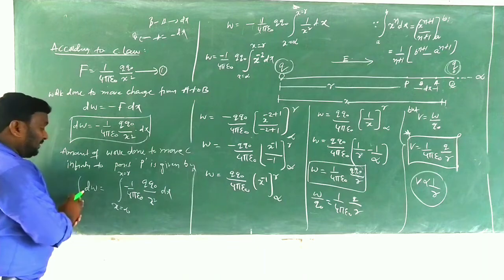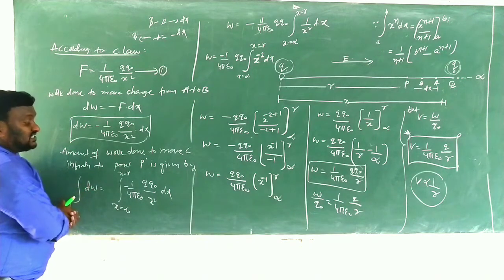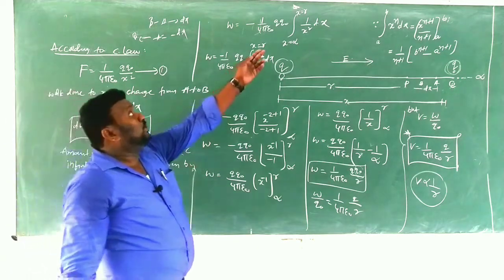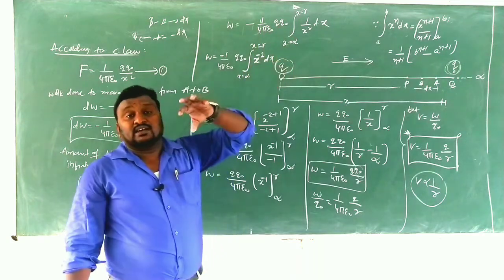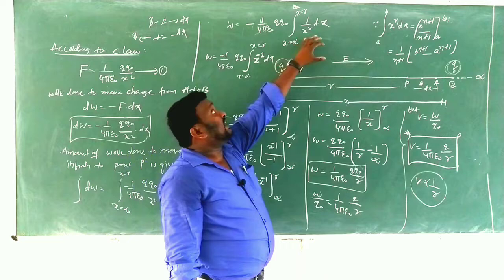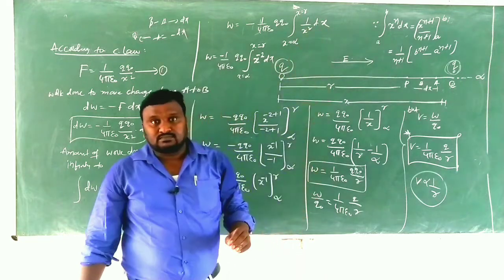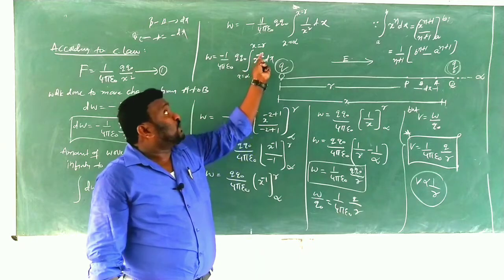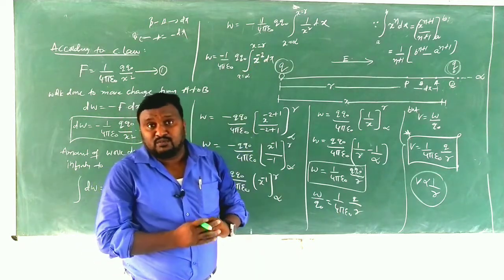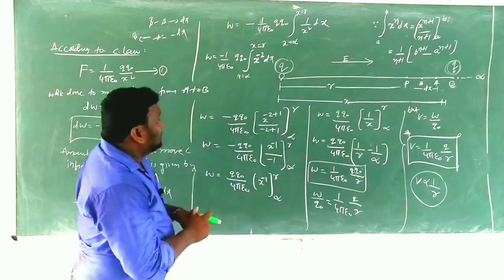Then 1 by 4 pi epsilon, q, q naught are all constants. The only variation is in x, so we write 1 by x square dx, and 1 by x square can be written as x to the power of minus 2 dx.